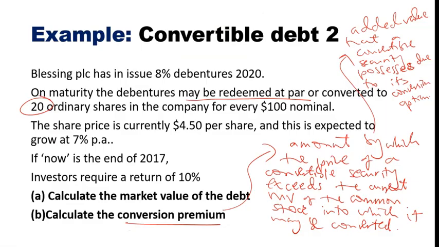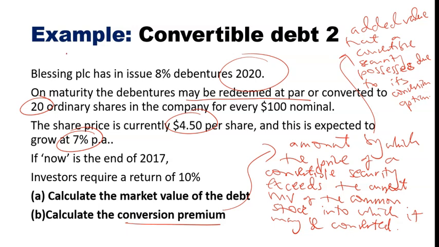The share price currently is $4.50, but it is growing at 7%, and this is up to how many years? We are told that they are going to be redeemed in 2020, and today is 2017. So we are talking of a 3-year lifespan.